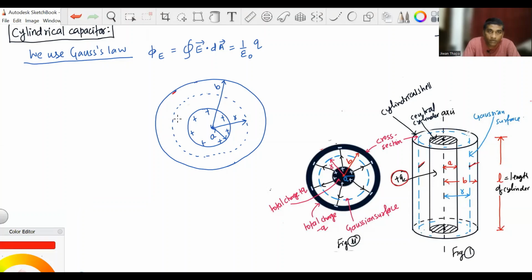Now let me draw this first. So these are electric field lines.